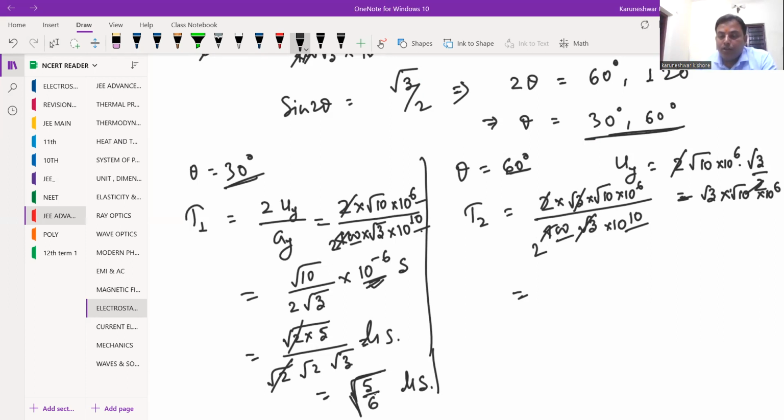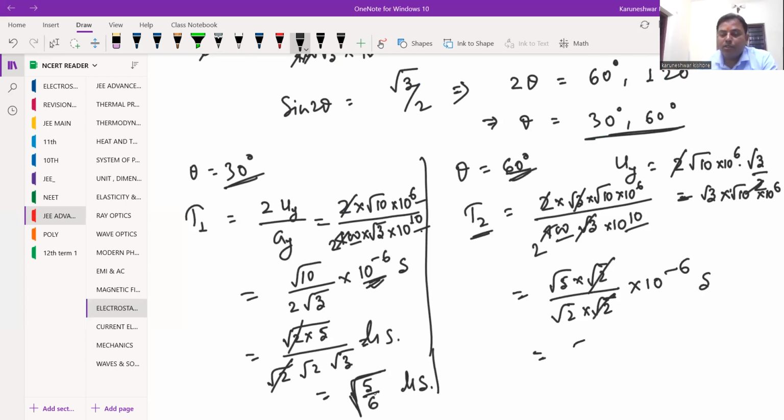Root 10 we can write as root 5 and root 2, and in the denominator root 2 into root 2 for 2. This will be the time of flight in the second situation, when the angle of projection is 60 degrees.